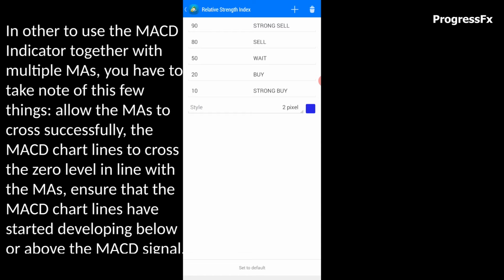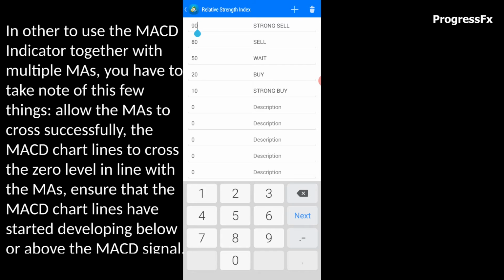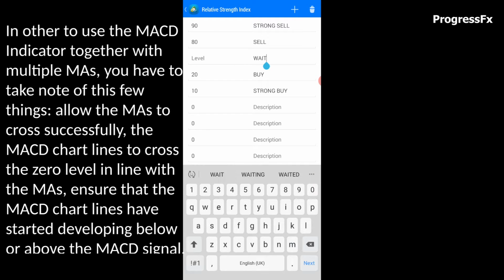So in order to add it, you come to this plus and plus as much as you can. So you type 90, then you in the same place, once you click, or even here for instance, you click here, you type 90, then type strong sell, 80 to sell, then 50 will not be needed in this case. You remove 50 entirely.